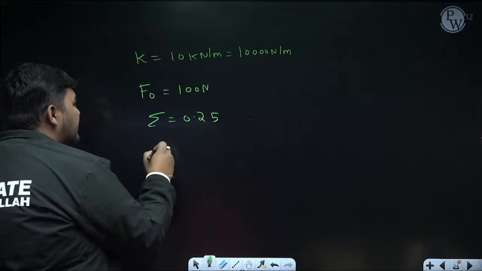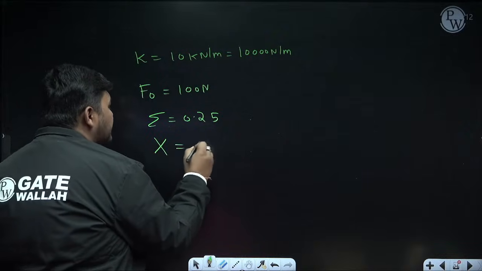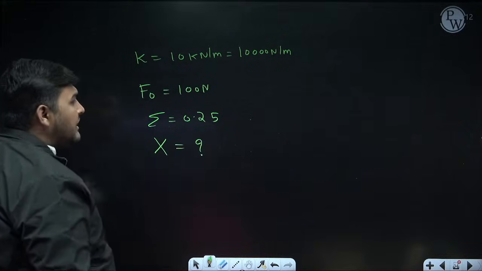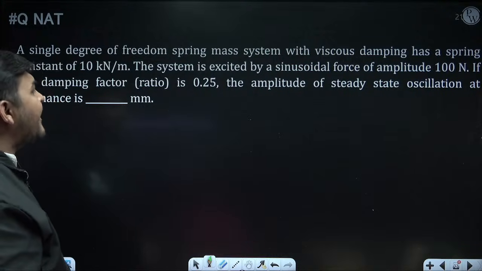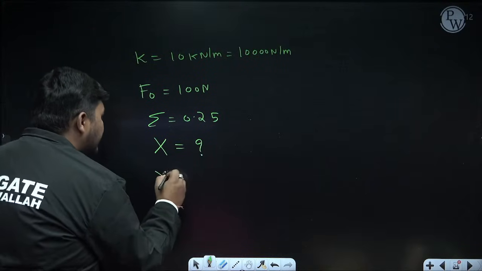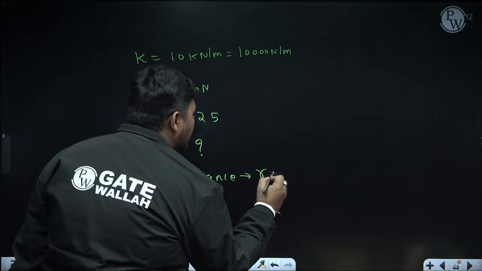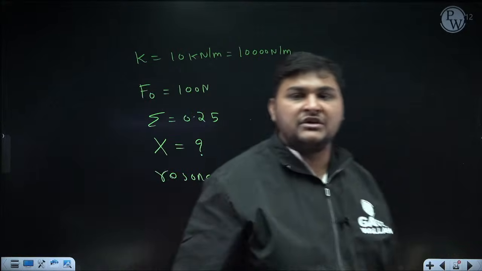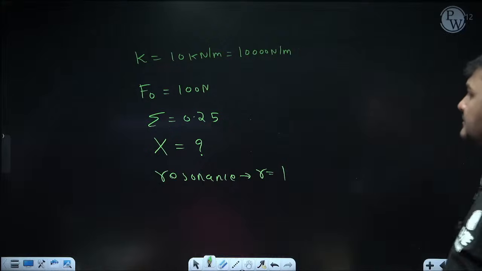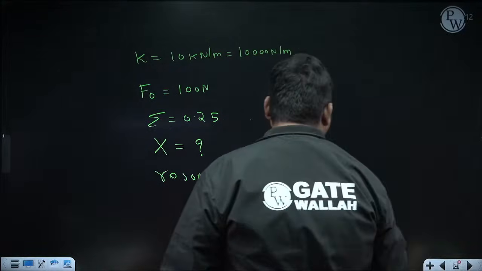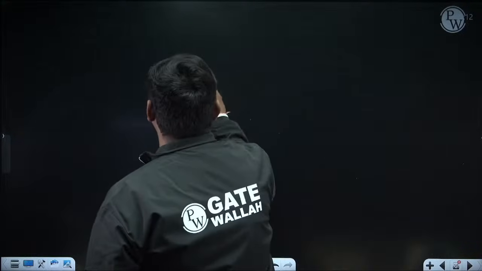Amplitude of steady state vibration means the examiner is asking the steady state amplitude, that is capital X. But the examiner is asking this steady state amplitude at resonance, and resonance means the value of R is given, it is equal to 1. Resonance means simply R equal to 1. Now see, we have to calculate capital X at resonance. And what is the formula to calculate capital X?